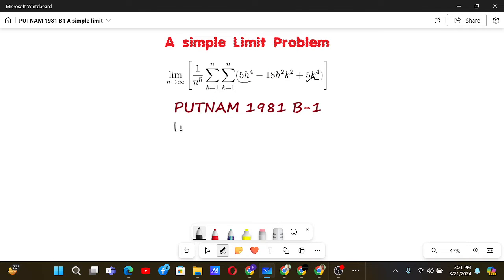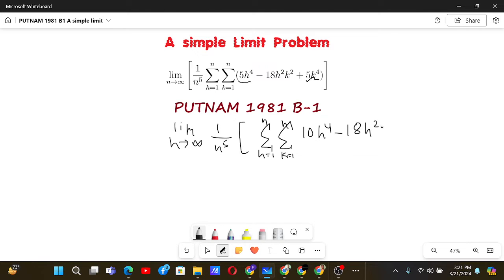That's why you can write this as the limit as n goes to infinity of 1 by n to the power 5, sum from s equals 1 to n, sum from k equals 1 to n of 10s to the power 4 minus 18s square k square. Basically you can also write this as k to the power 4, doesn't matter.